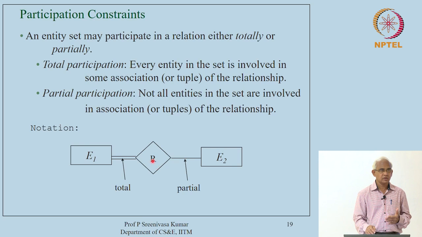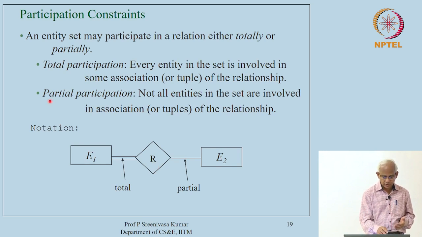Is that the case, or is it not the case? If it is not the case, we say it is partial participation. If indeed every entity does participate in some association with the entity on the other side, then we call it total participation.